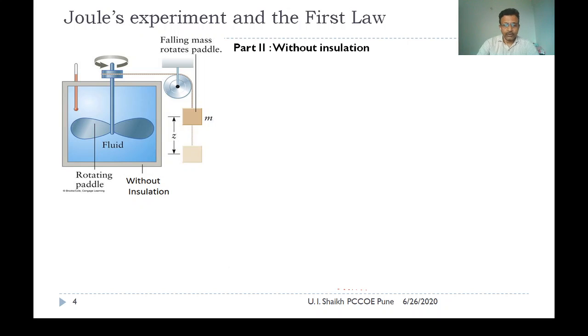The procedure for part 2 of Joule's experiment is the same as that of part 1, but the difference is that the copper vessel used in this experiment is not insulated. So the system is without insulation. When I say the system is without insulation, there are chances of some other type of energy interaction rather than work transfer.